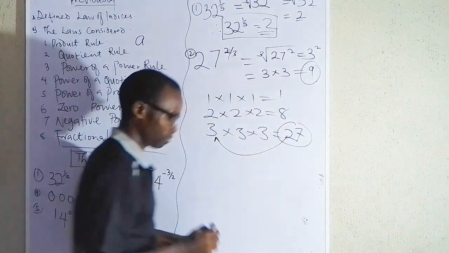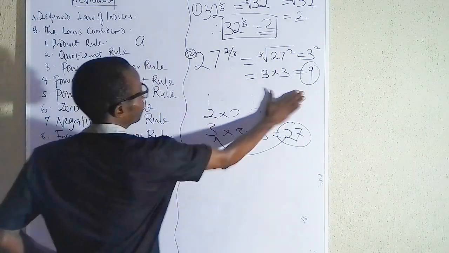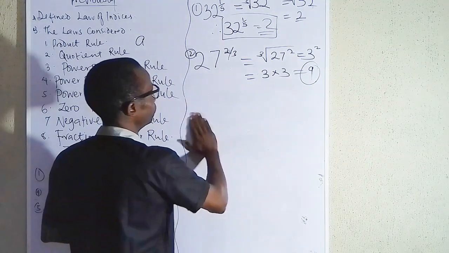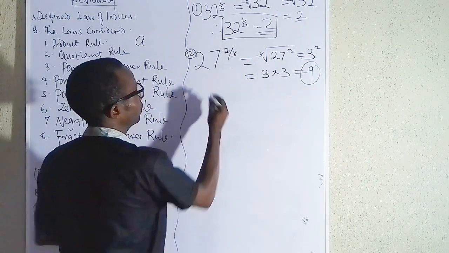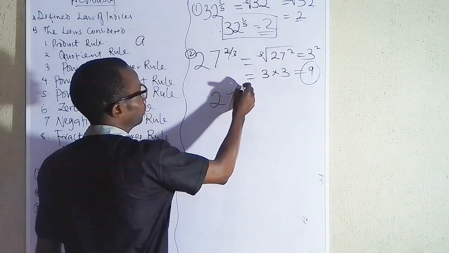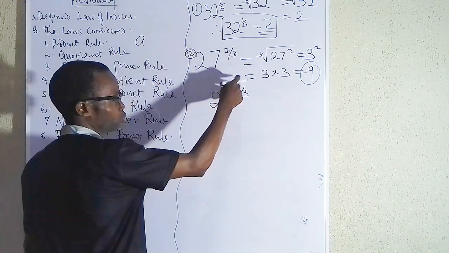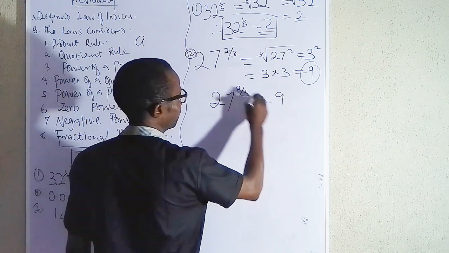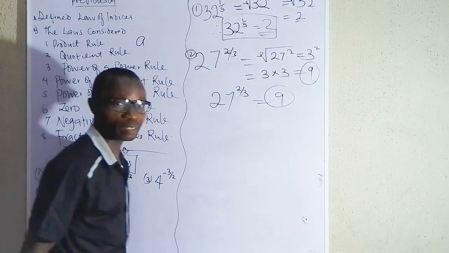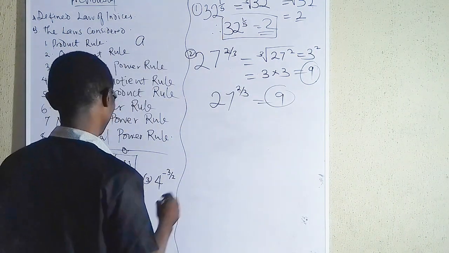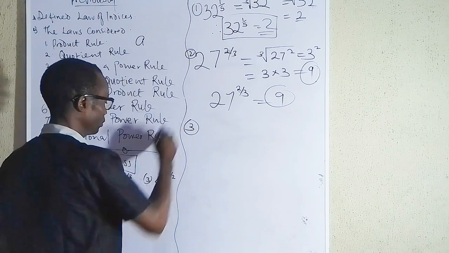So this is the final answer for this. So in other words, 27 to the fractional power of 2/3 is the same thing as 9. Right?